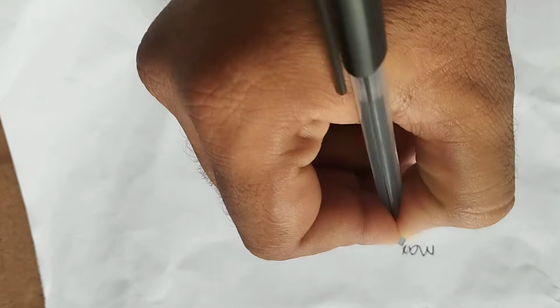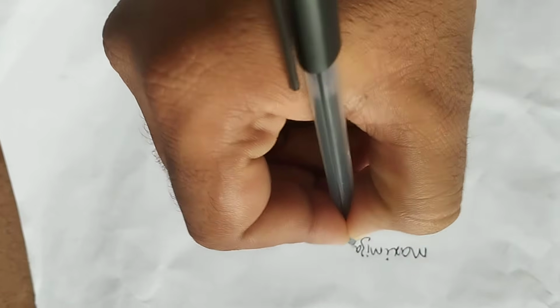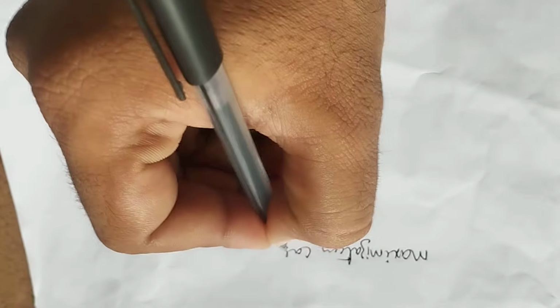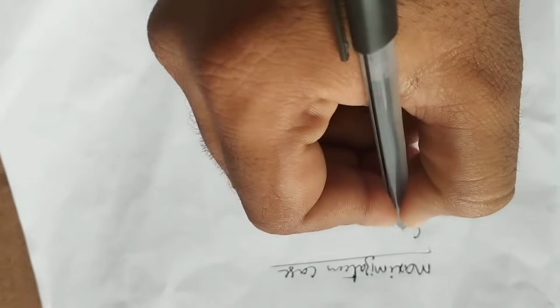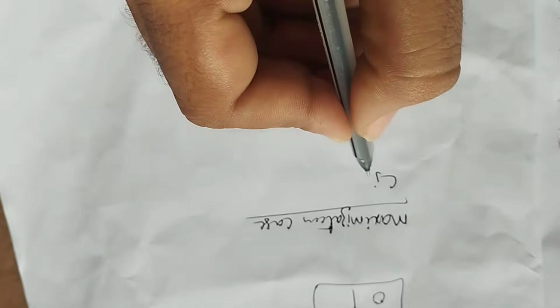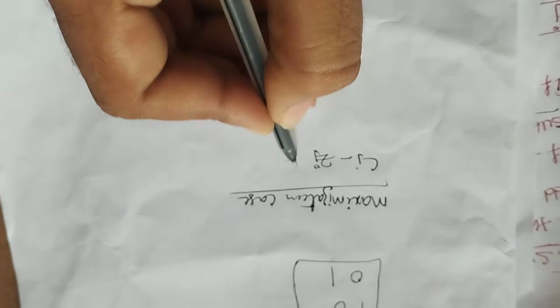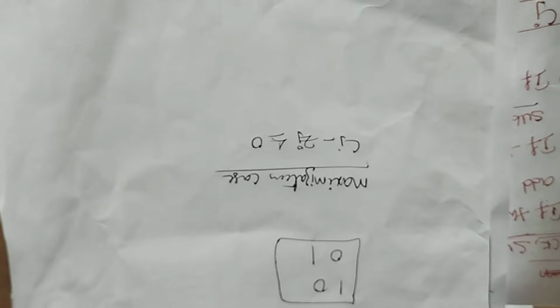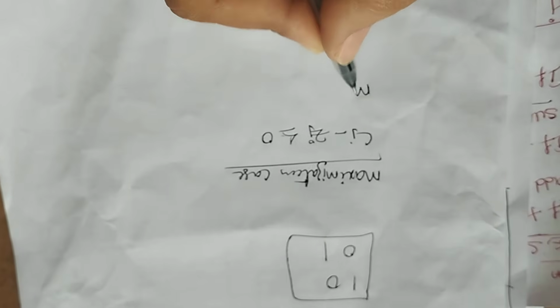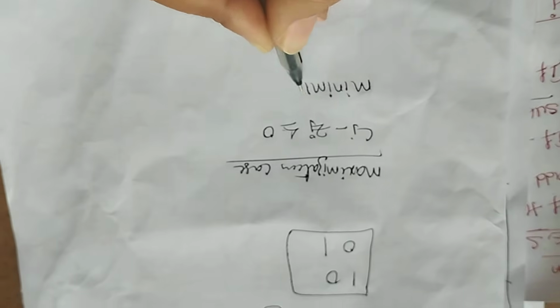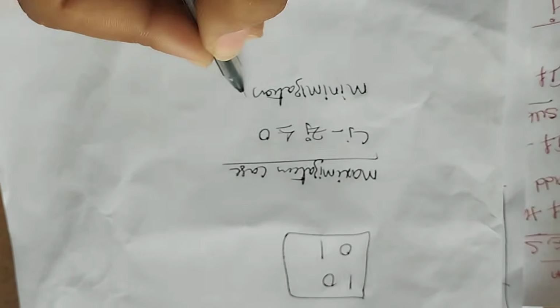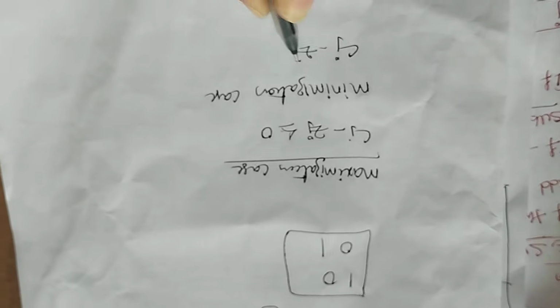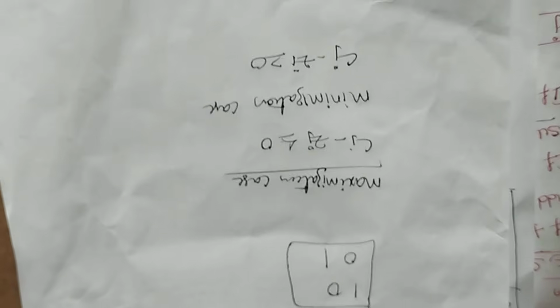Now let us go to the optimality condition. What is the optimality condition here? For the maximization case, Cj minus Zj should be less than or equal to 0, and for the minimization case, Cj minus Zj greater than or equal to 0.